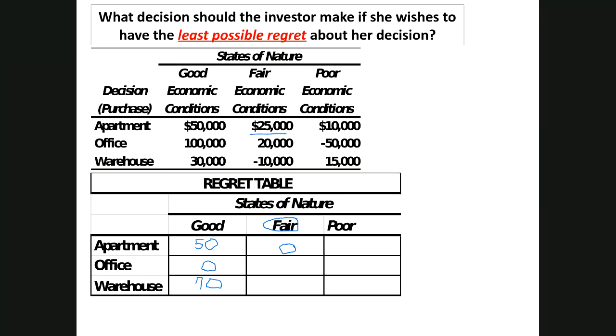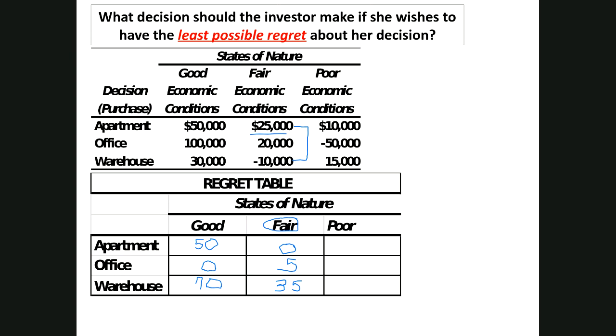There would be $5,000 of regret if we had invested in an office, and now there would be $35,000 of regret had we invested in the warehouse, because this is 25,000 minus $10,000, or a total of 35,000. The difference between these two values is 35,000.